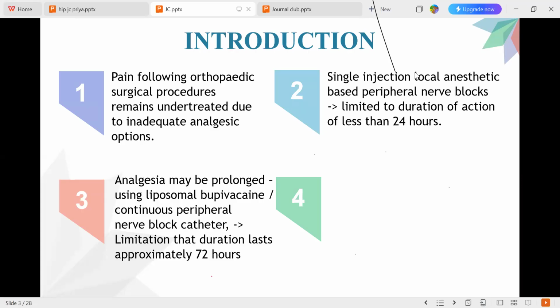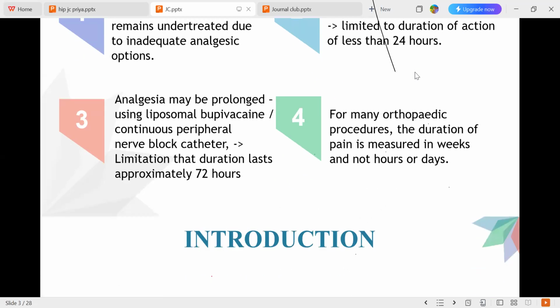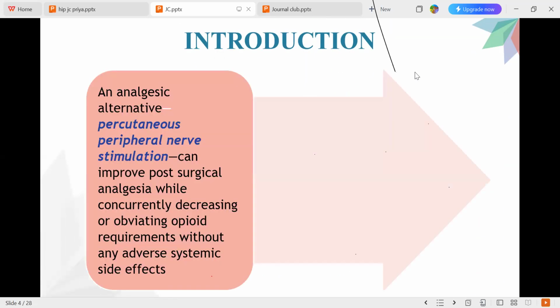So all the available options to us have a duration of action which outlasts the pain experienced by the patients, which is mostly in weeks and not hours or days. This led to the discovery of this device, an analgesic alternative which offers percutaneous peripheral nerve stimulation.